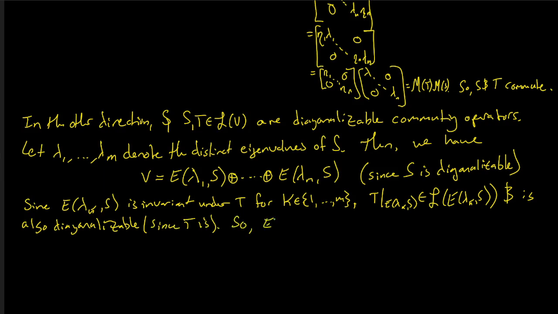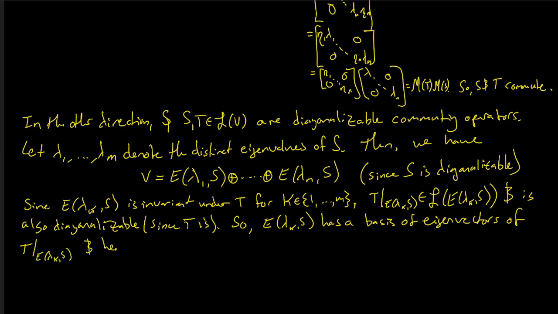So E(lambda k, S) has a basis of eigenvectors of T restricted to E(lambda k, S) and hence of T. So it has a basis of eigenvectors of T.